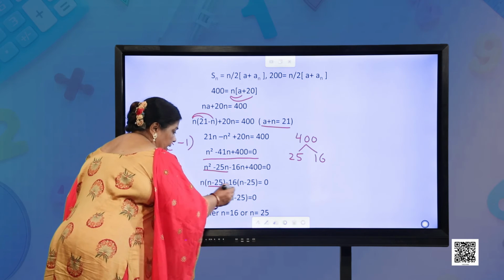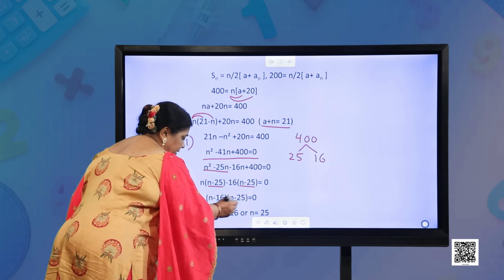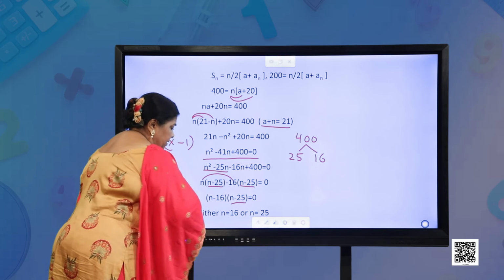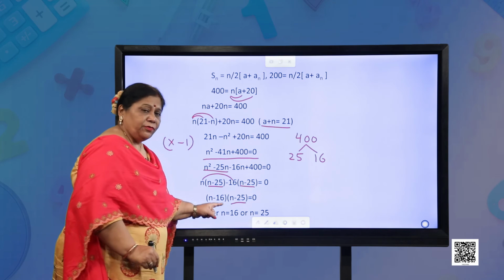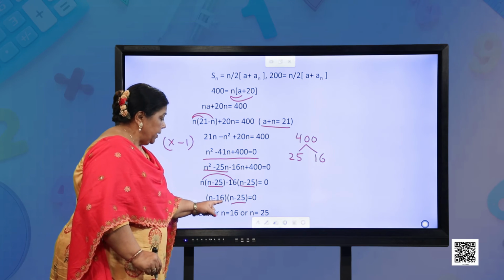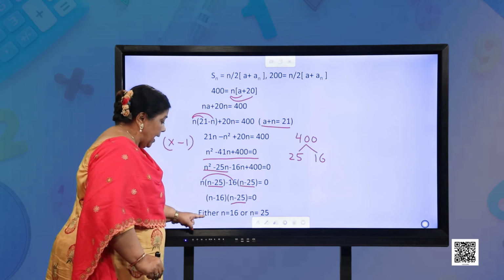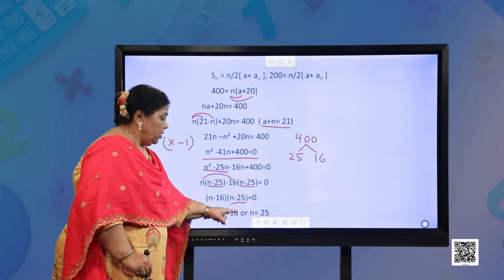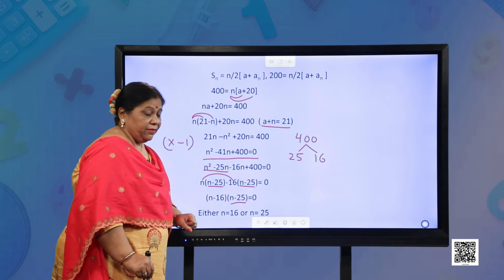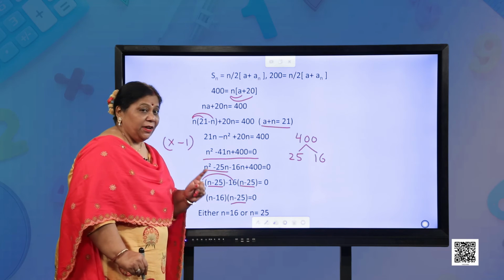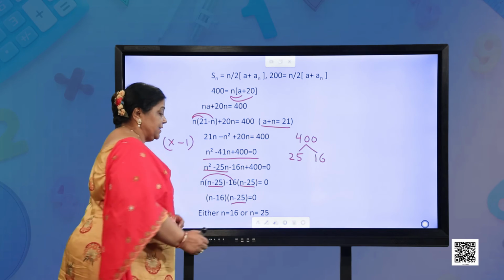As you can see, n minus 25 is one of the factors and the left out factor is n minus 16. So, the two factors are (n minus 16) into (n minus 25) is equal to 0. That means either n is equal to 16 or n is equal to 25. Now, out of these two only one has to be selected. Let us see, that is interesting.